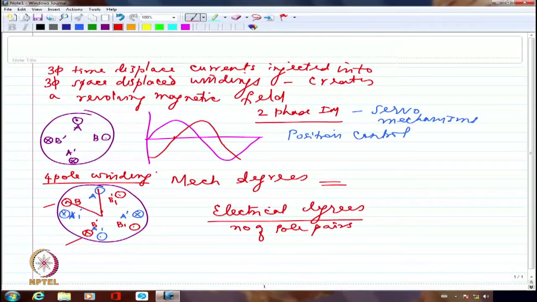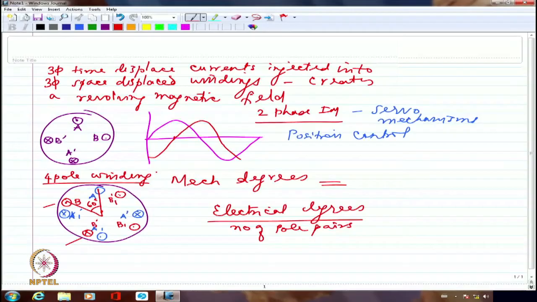Now, this angle has to be 60, because previously when I was doing between A and B, it was 120 degrees. You remember? Now everything is halved. Previously between A and A dash it was 180 degrees. Now between A and A dash it is 90 degrees.